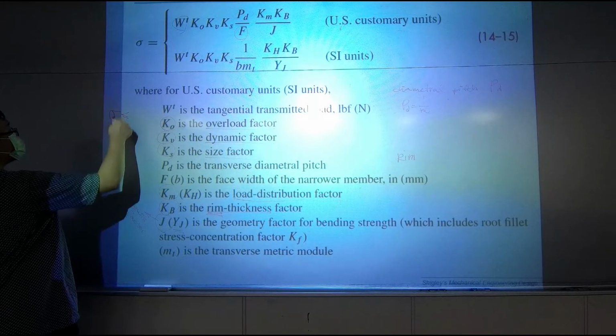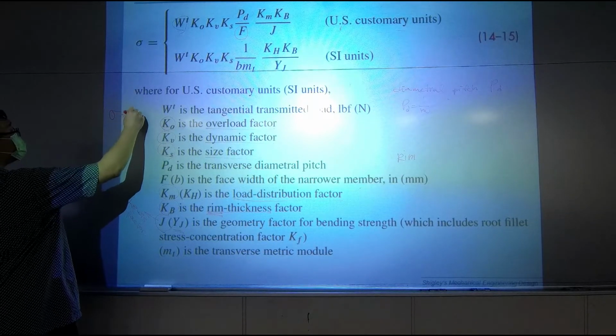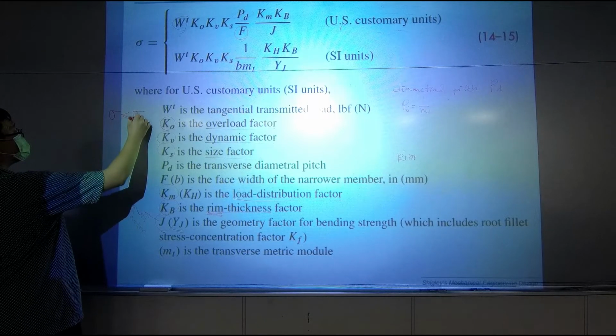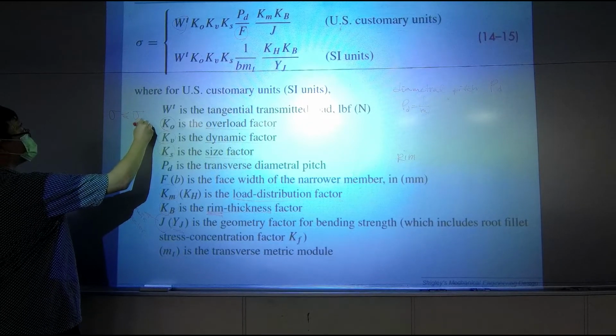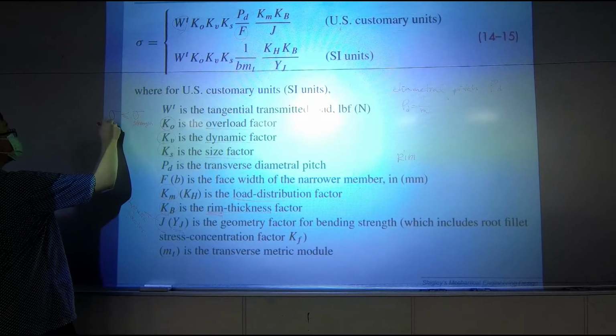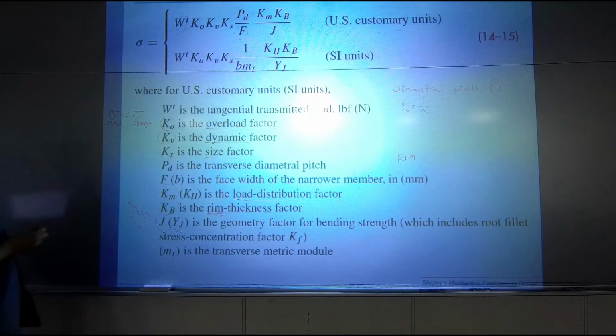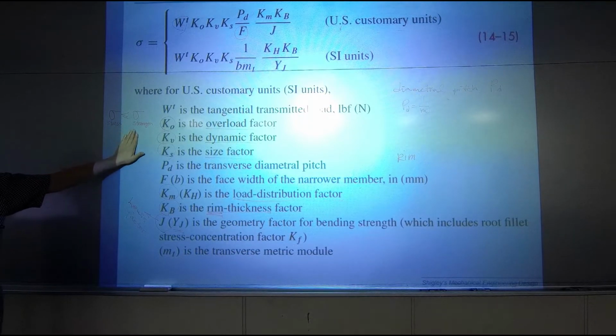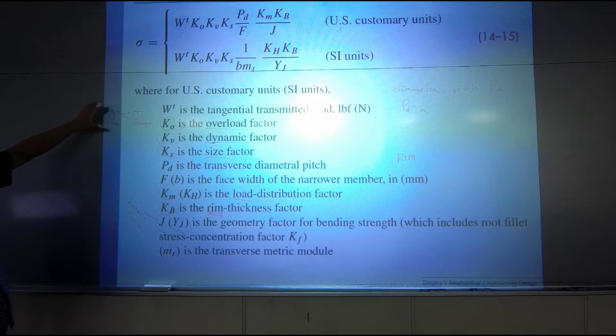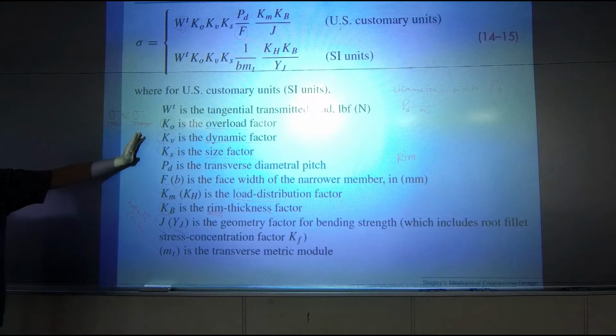Stress smaller than your strength. The force must be smaller than how strong you are. So this calculation is only talking about the left-hand side of the equation. How about the right-hand side?